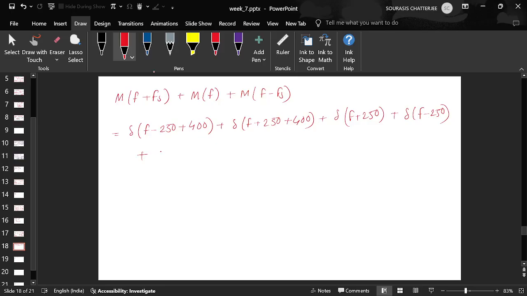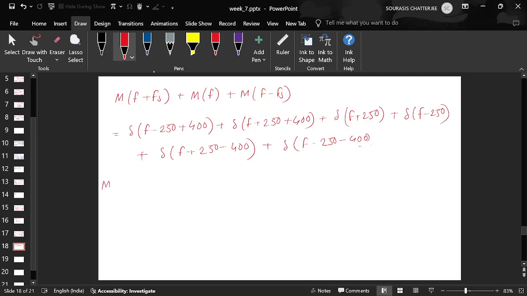And then comes M(f minus fs), that is delta f plus 250 minus 400 and delta f minus 250 minus 400.